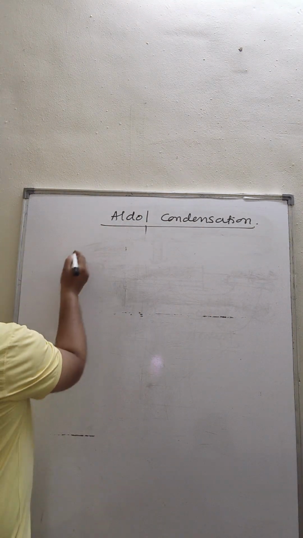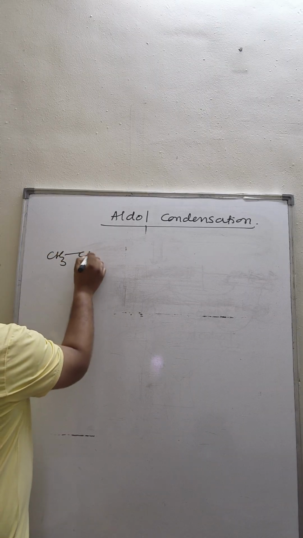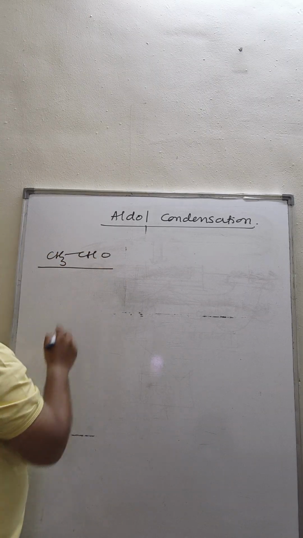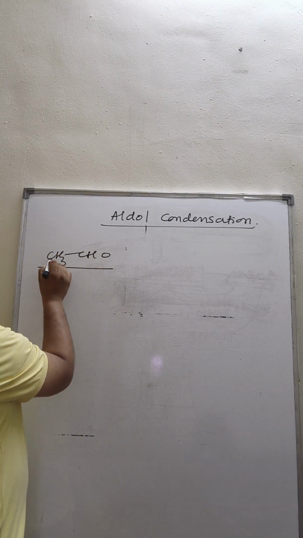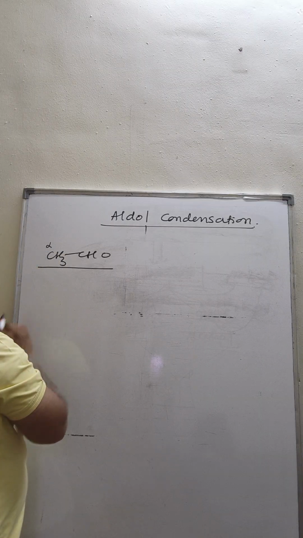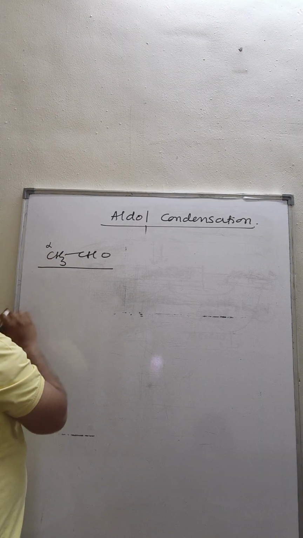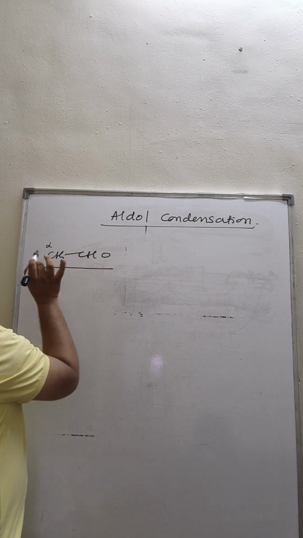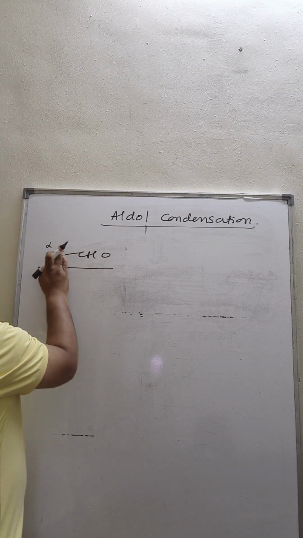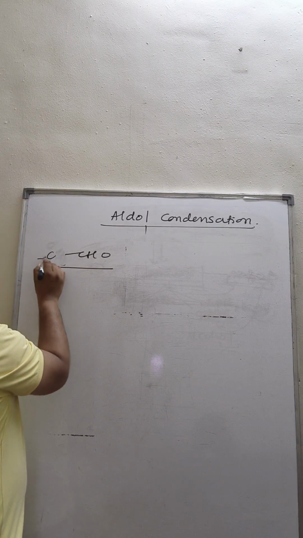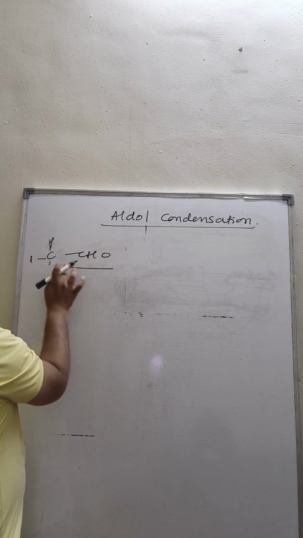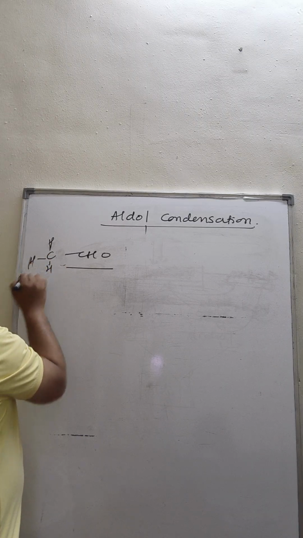So here, acetaldehyde CH3CHO. Okay, and this carbon atom is known as the alpha carbon atom, and whatever hydrogen atoms are attached to this alpha carbon atom are the alpha hydrogen atoms. So we can write it in this manner too: hydrogen, hydrogen, and hydrogen. Okay, friends.